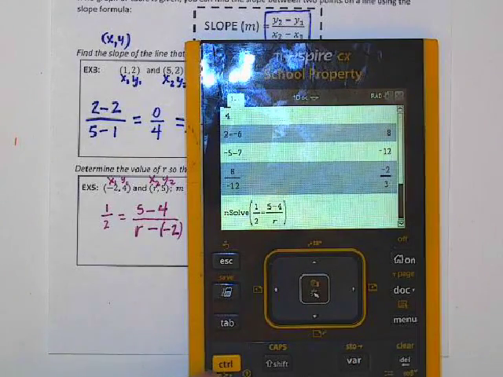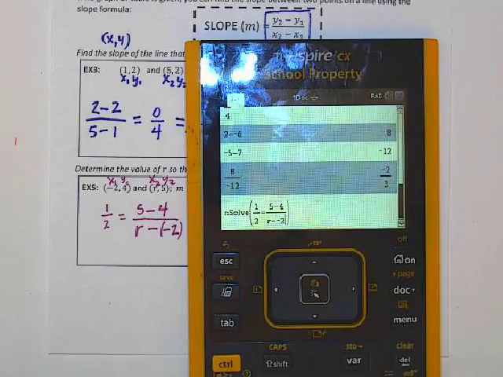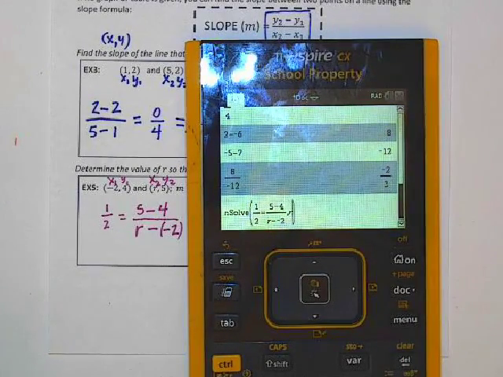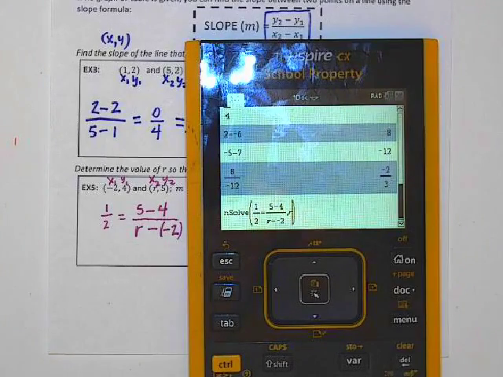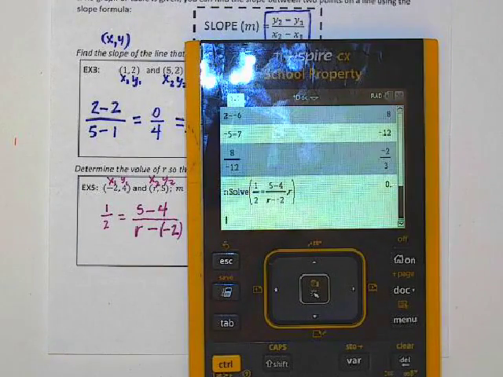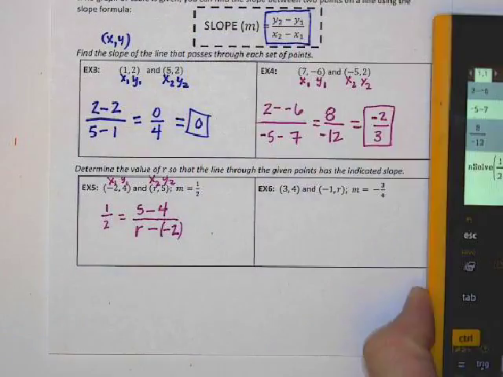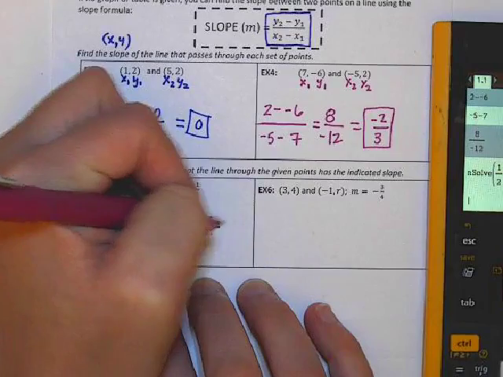R minus negative 2. And I'm trying to solve for R. So comma R. You hit enter. And you get 0. So what does R stand for? R is 0.